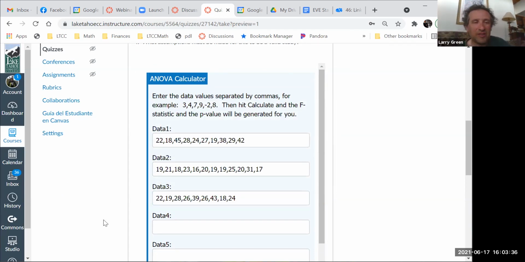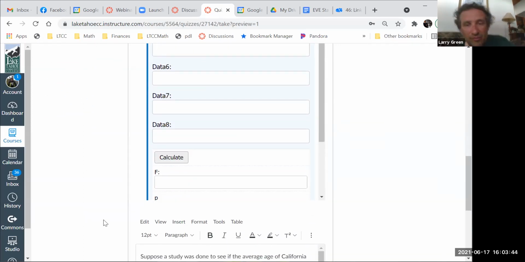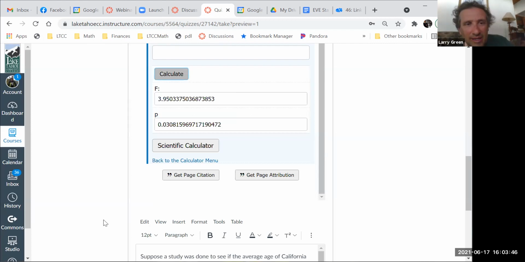Any questions on entering the data in and going to the ANOVA calculator? Okay, then we scroll and we hit calculate. And the test statistic is an F distribution, 3.95 or so.